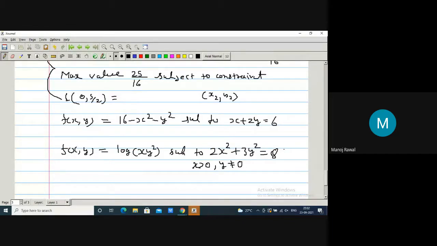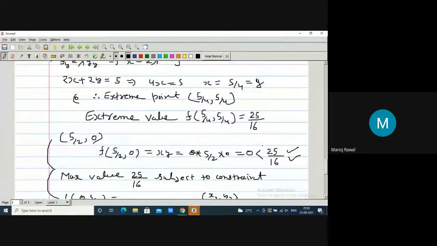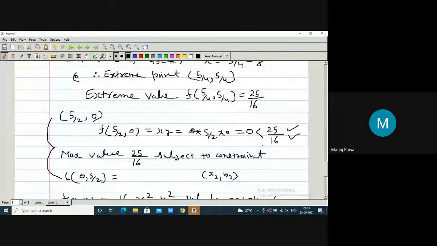Your entire class may have different distinct points which are satisfying the constraint, and you will see the value is going to be less than or equal to the value you will get from the Lagrange multiplier. That is the cross check. We all need to maximize the functions. Even if I don't talk about this last cross check, then also it's fine. I don't think others will be doing this cross check in the final paper. But even if you do, that is good. Yes, we are done. So we need to maximize these functions.